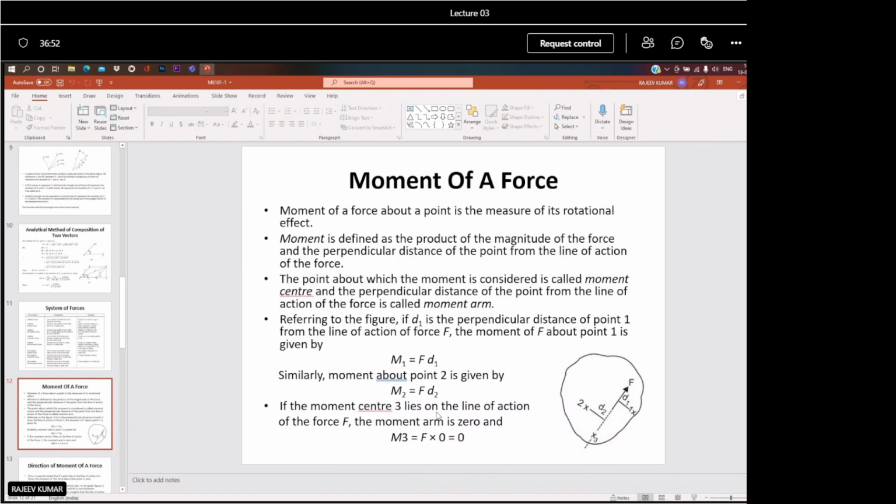So the moment of F1 about x3 you will get as some value F1 into d1. The moment of F2 about x3 is equal to the resultant of these two forces, F1 and F2. This is equal to the resultant, at the perpendicular distance, passing through the point x3.